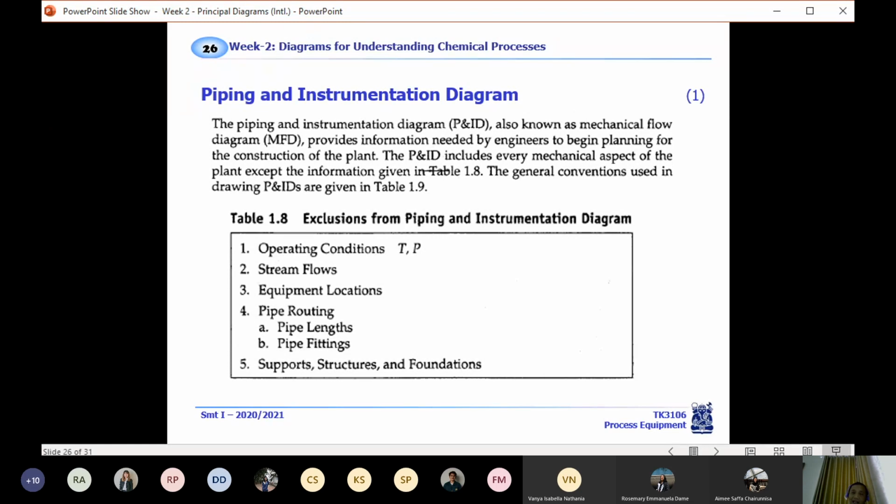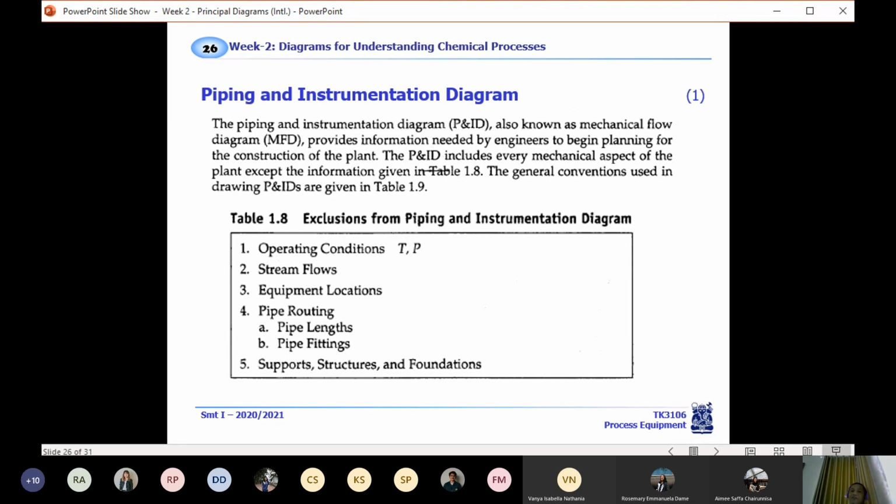Because in the PID they remove the information of the process. They just put the information related to the mechanical aspects and inspection. This is the reason why they call the PID a mechanical flow diagram.